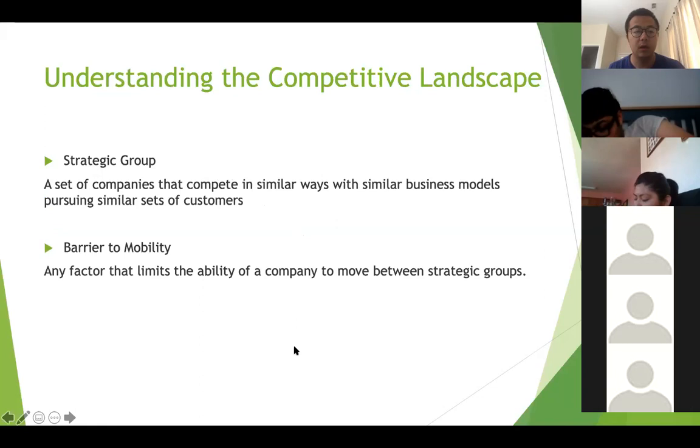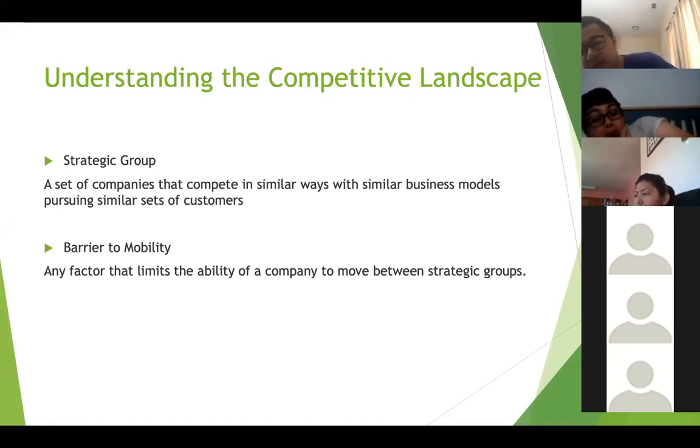Okay. So the first one, understanding the competitive landscape. There are 3 topics. The first one is strategic group, and you need to know the concept of the strategic group. That means a set of companies that compete in a similar way with similar business models, pursuing similar sets of customers.